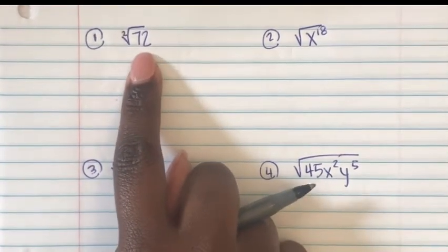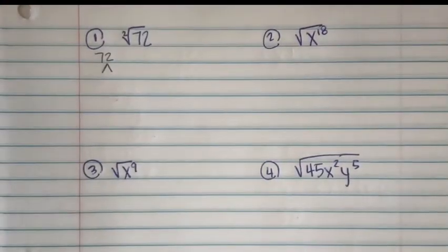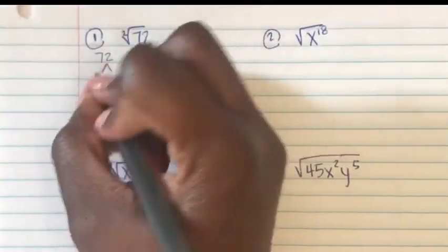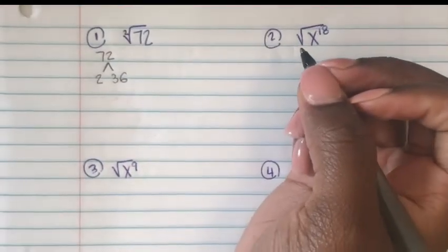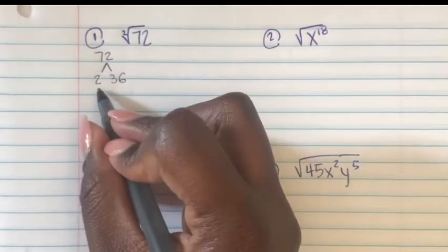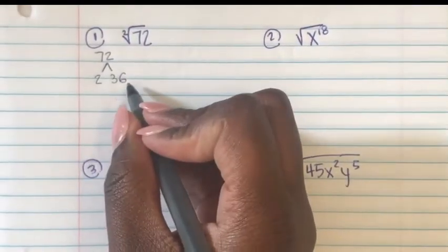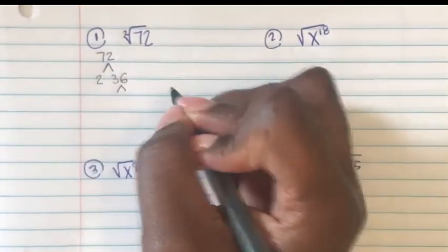Anytime I see a constant under my radical, I like to break it down into a factor tree. So first I'm going to break down the 72 into 2 times 36. And if I come across a prime factor like the number 2, I'll leave it alone and just keep going with the other number. So I'm going to break down the number 36 now.